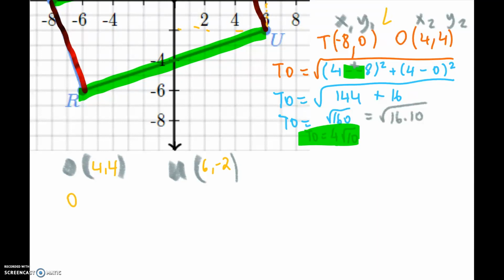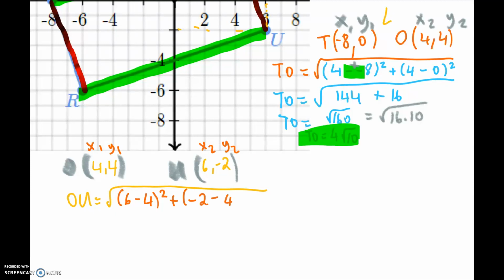Therefore, the distance between O and U is OU, square root. Let's label these points. x1 is 4, y1 is 4, x2 is 6, and y2 is -2. We are going to use the distance formula again. x2 minus x1 squared, 6 minus 4 squared, plus y2 minus y1 squared.